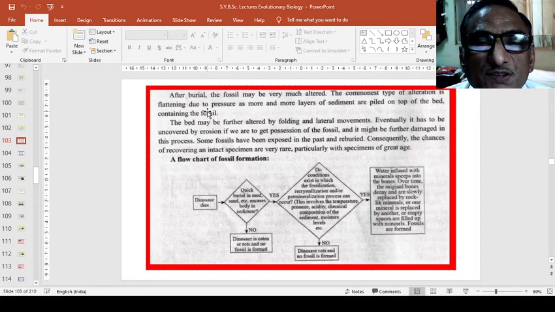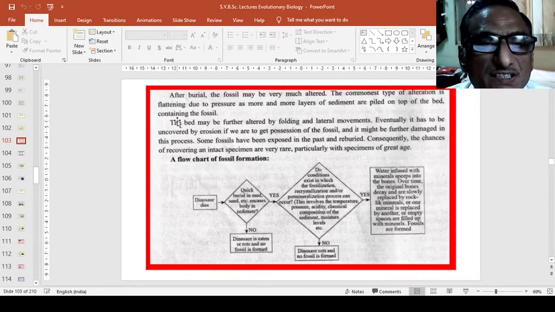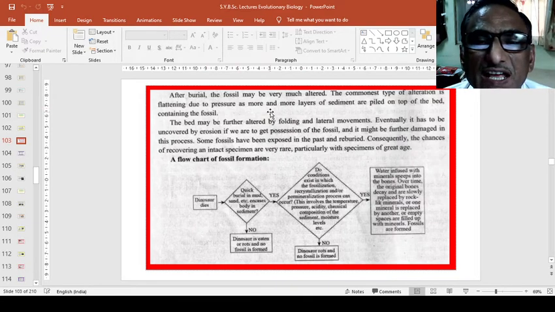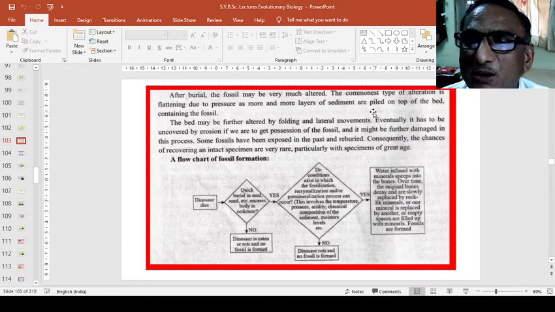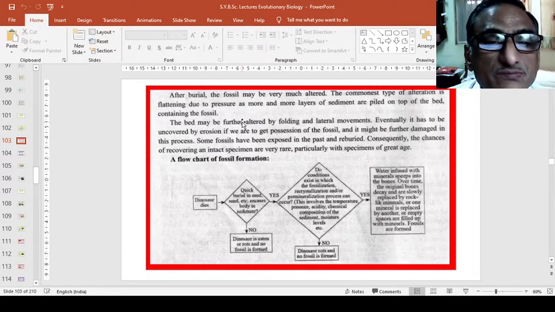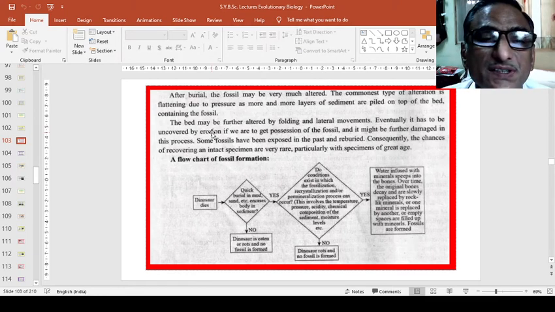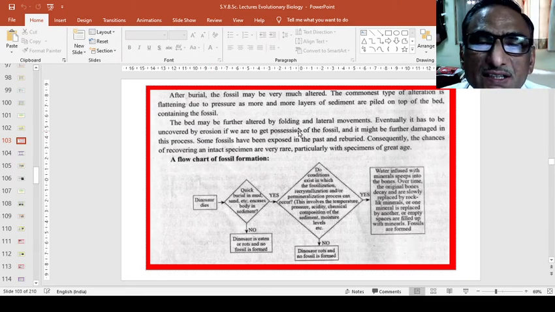After burial, the fossil may be very much altered, and the commonest type of alteration is flattening due to pressure, as more and more layers of sediment are piled on top of the bed containing the fossils. The bed may be further altered by folding or lateral movements.